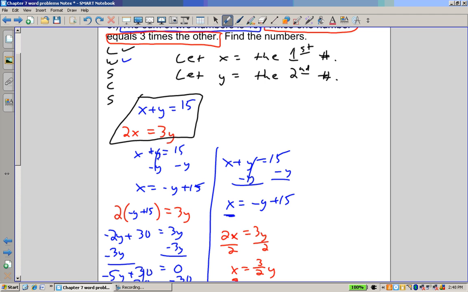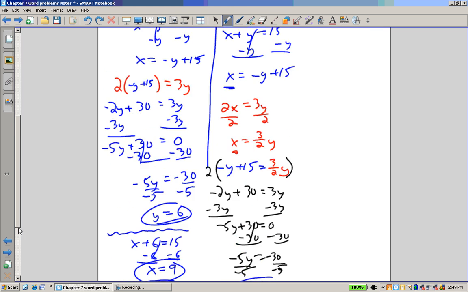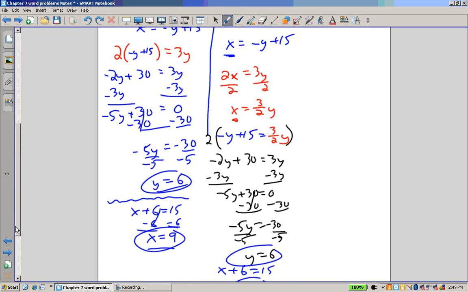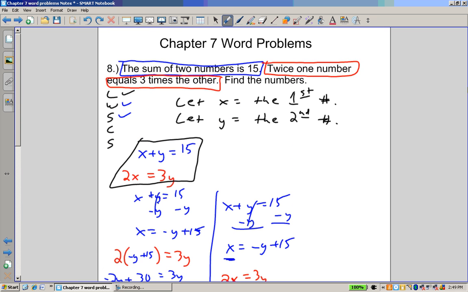Let, write, now we've solved. We're going to check it now. We think that x is 9 and y is 6. Let's check these and see if they work out. So, x plus y, so 9 plus 6, is supposed to be 15.